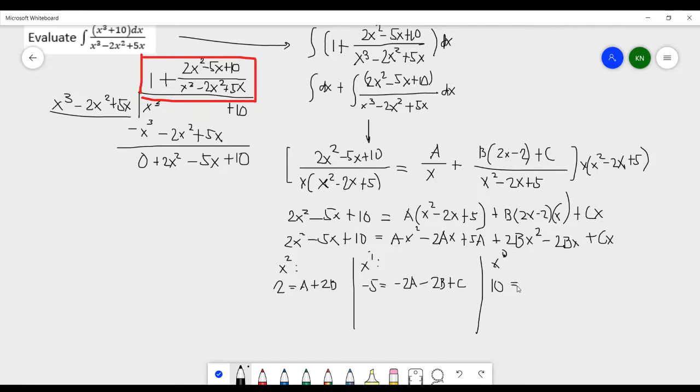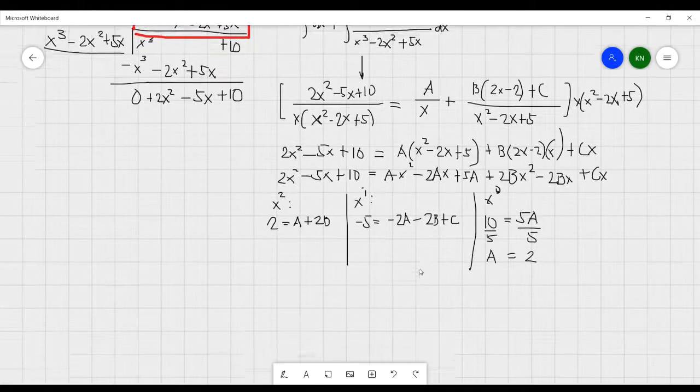Now continuing, we also need to find the coefficient of our constants, which is equal to 10 is equal to 5a. So since there's no other constants here, it's very easy to solve for the value of our a. We just need to divide both sides by 5 to isolate our unknown constant a. So meaning to say our a is equivalent to 2.